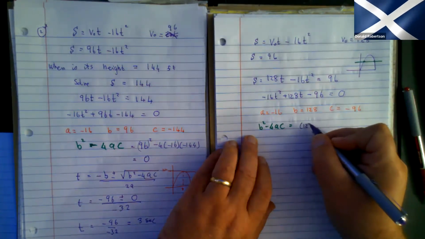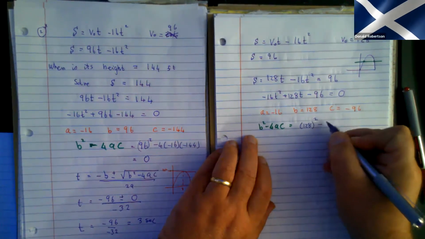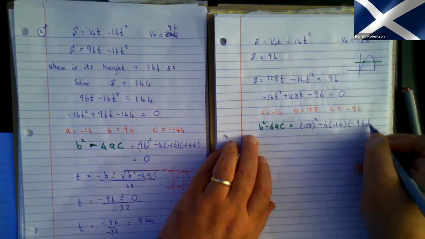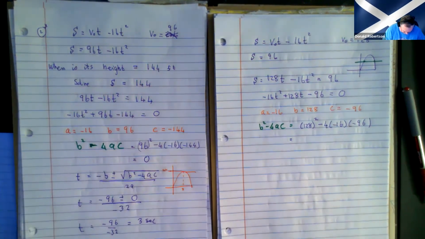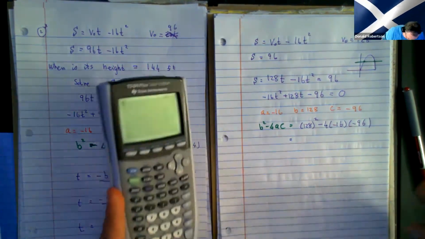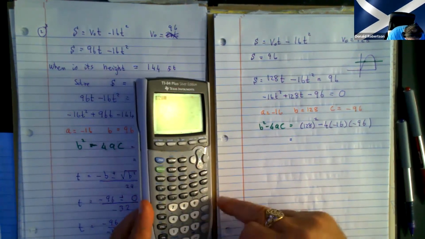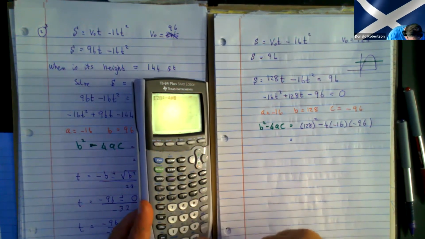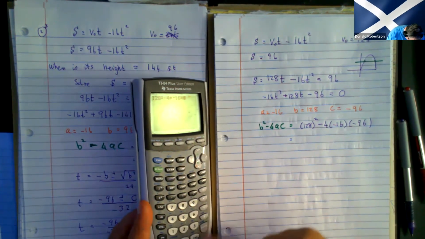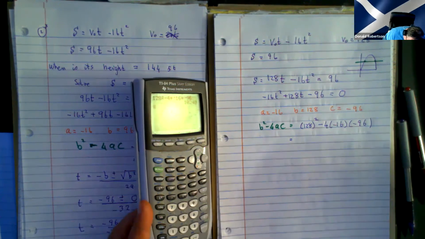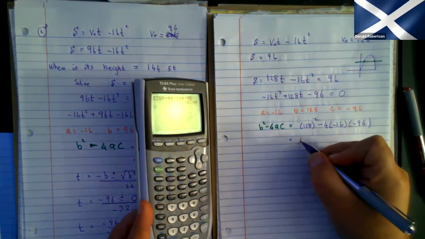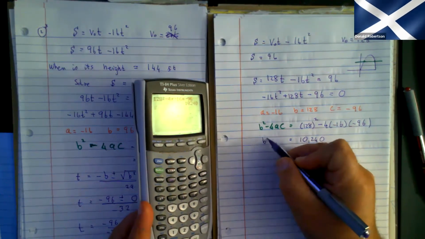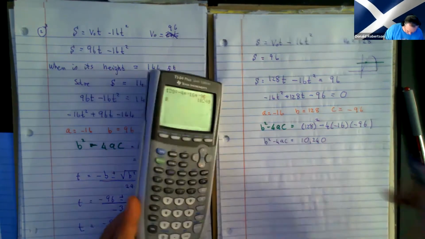So it's going to be 128 squared, take away 4 times -16 times -96, and the answer I get is a really big, ugly number, which is fine.